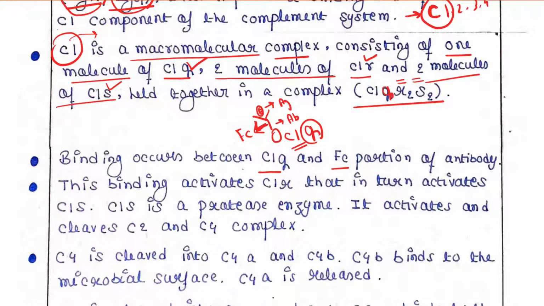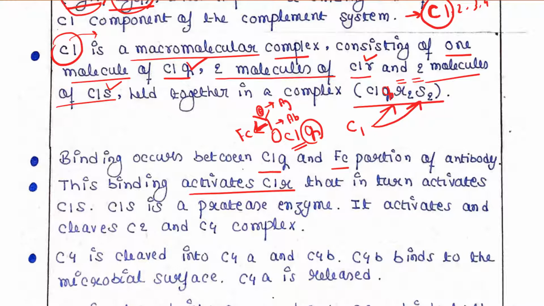And this binding activates C1r. So C1 has a pair of R subunits and a pair of S subunits. So this binding between C1q and the antibody activates C1r.